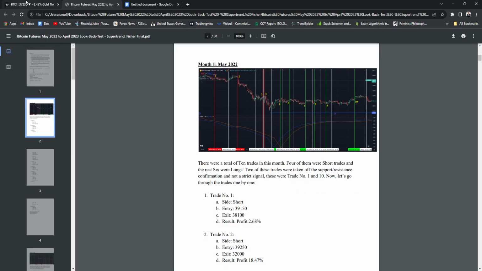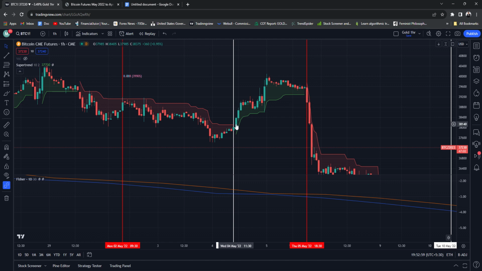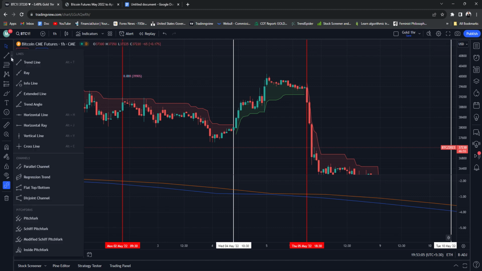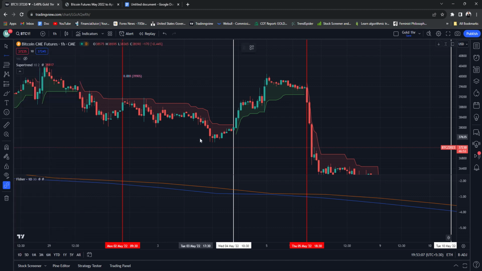So we exited around the 38,100 area, maybe 200 area. But we could have exited with more. But like I said about the strategy, this is not something we can do, because there will be times where we can actually do this and miss out on a much bigger trade.